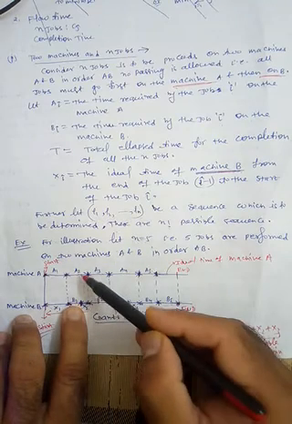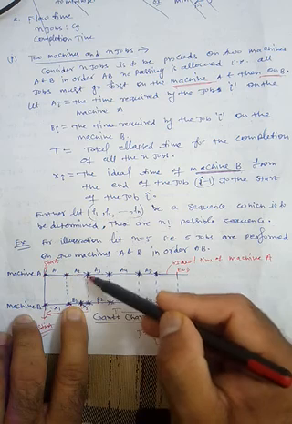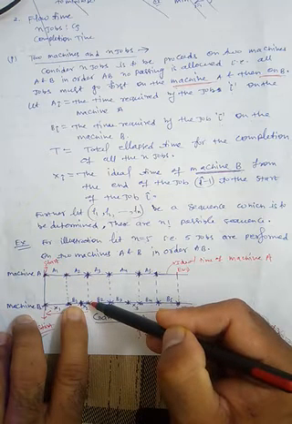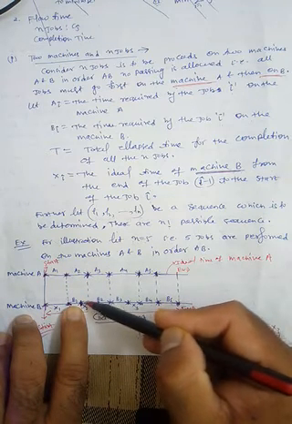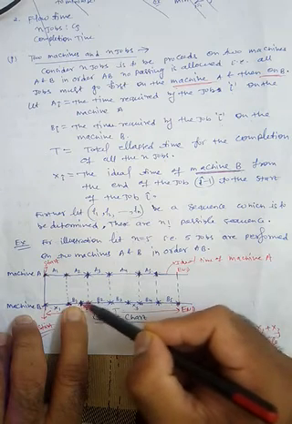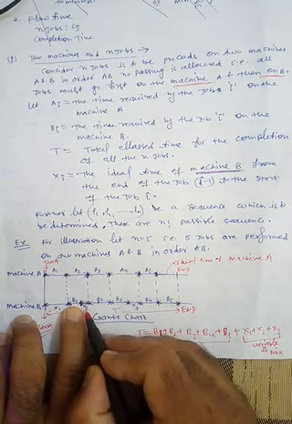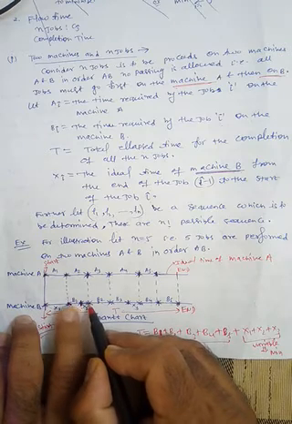But the second job comes to this machine only at this moment, so there is a gap. This gap is nothing but idle time. During this gap, the machine is in idle position. So X2 is the idle time again.